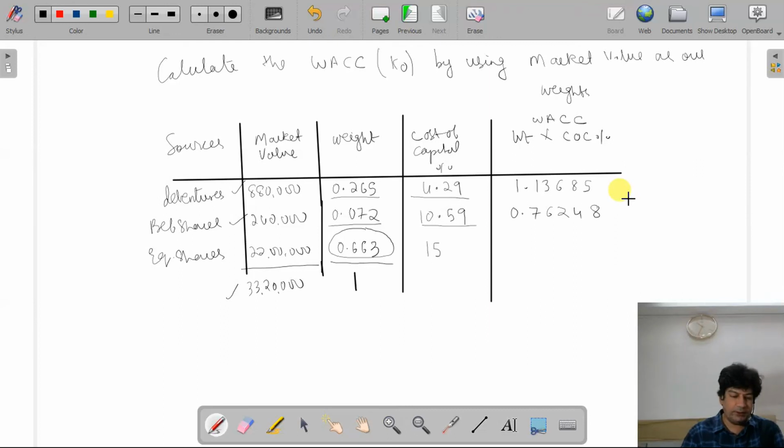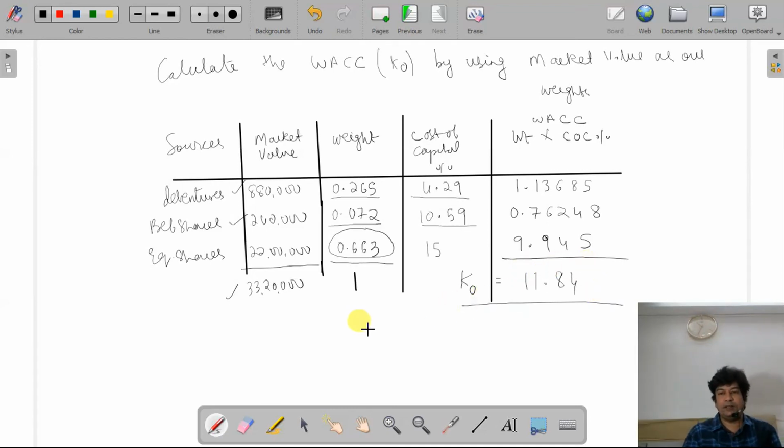Then 0.663 into 15 gives 9.945. Then we are going to get the overall cost of capital. So 1.13685 plus 0.76248 plus 9.945, I'm going to get 11.84 approximately. So the overall cost of capital is 11.84 percent.